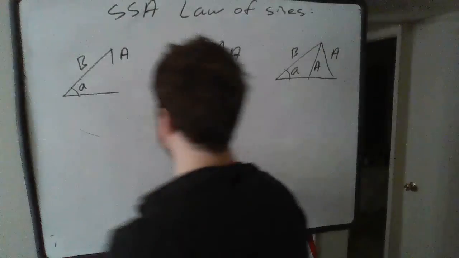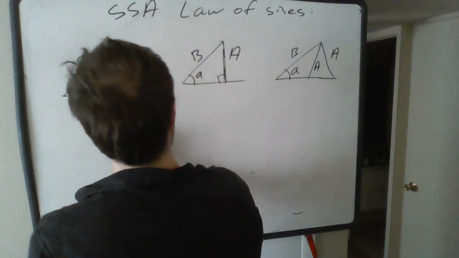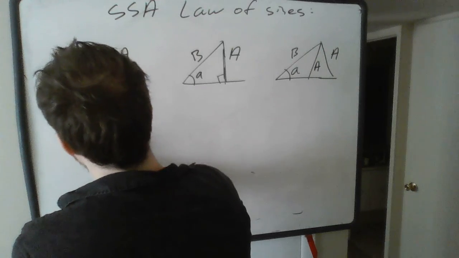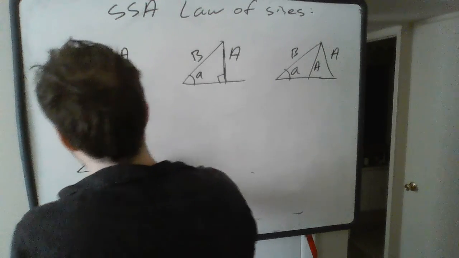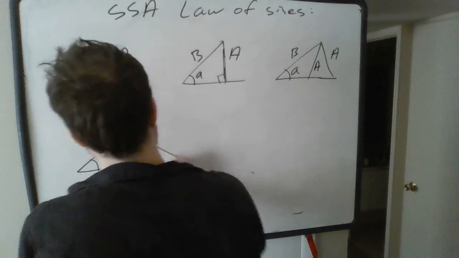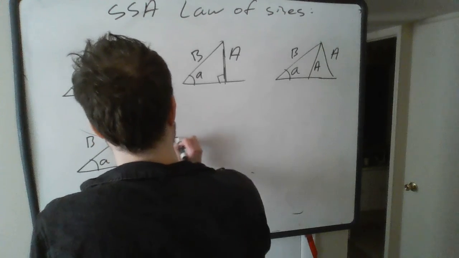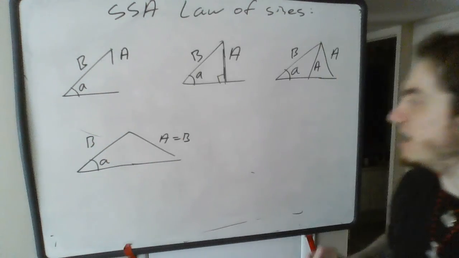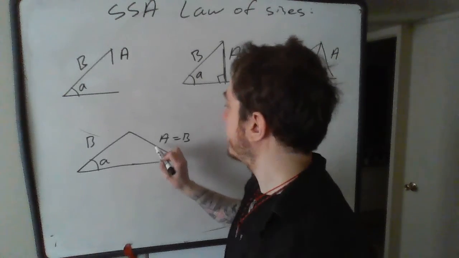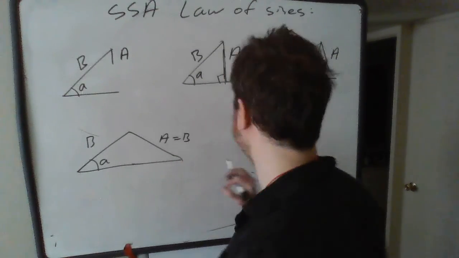A fourth possibility is that you get an isosceles triangle, and that happens when you have A set equal to B. In this case, you can build an isosceles triangle, and that is the only thing that you can build.